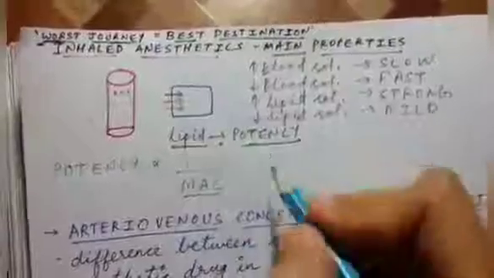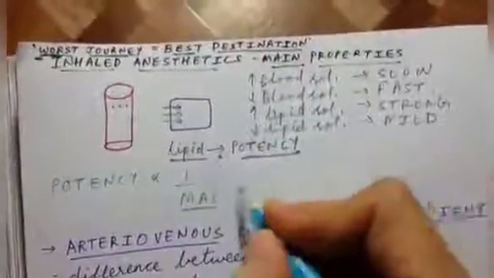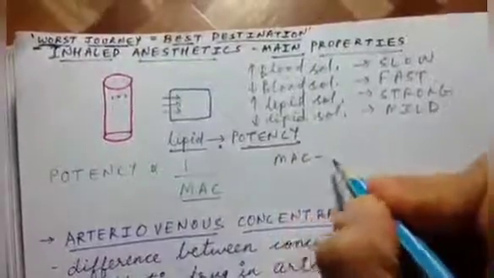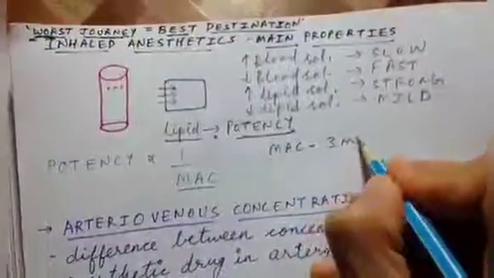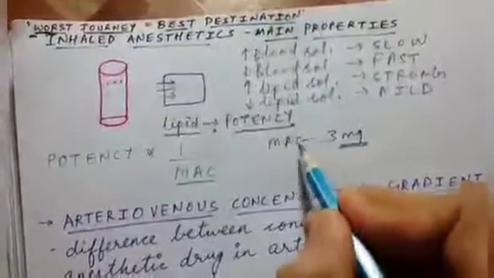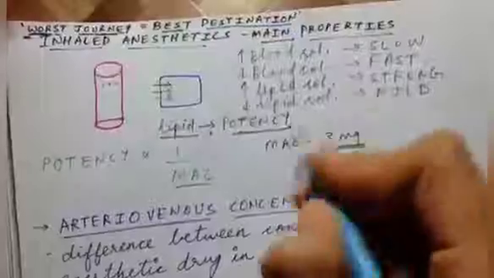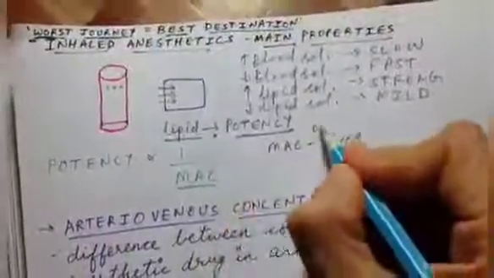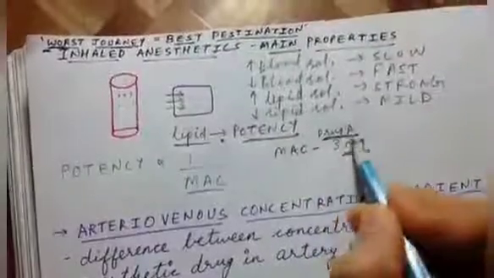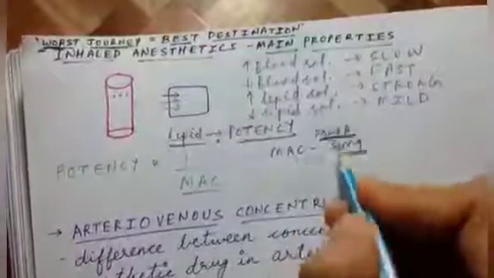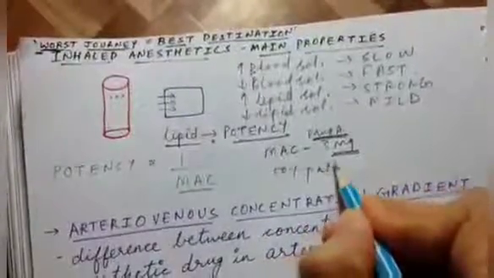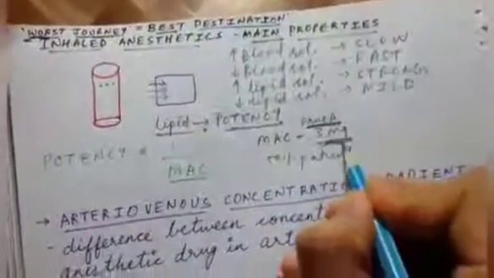See, let's say minimal alveolar concentration of one drug is 3 milligram. Obviously this is a fake unit, just for your understanding purpose. Let's say it is drug A. Drug A produces its effect in 50% of patients at a concentration of 3 milligram.